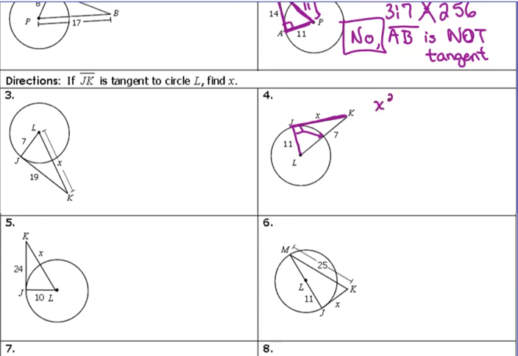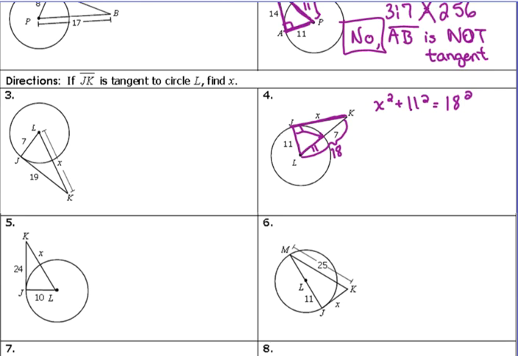We've got leg squared plus leg squared. X squared plus 11 squared is equal to, once again, is the hypotenuse 7? No. We have to do the same thing we just did in the previous problem. It's completely coincidental that the radius is 11 in both cases. So this hypotenuse is actually 18.